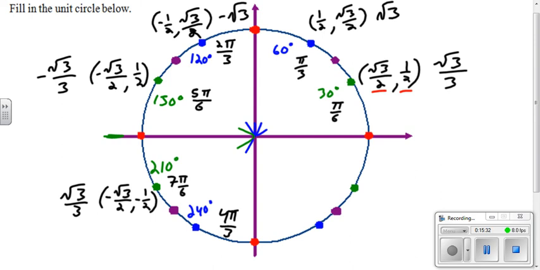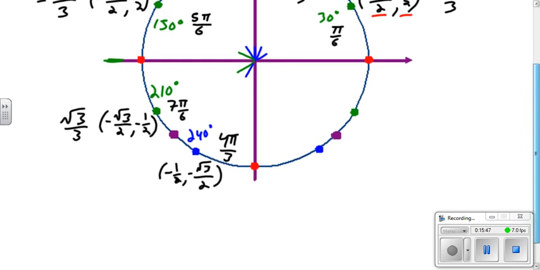The coordinates for this, again, the x didn't change, so we have negative 1/2 as our x. Our y flipped over the x-axis, so it becomes negative √3/2. And the tangent at this point then is going to be √3.